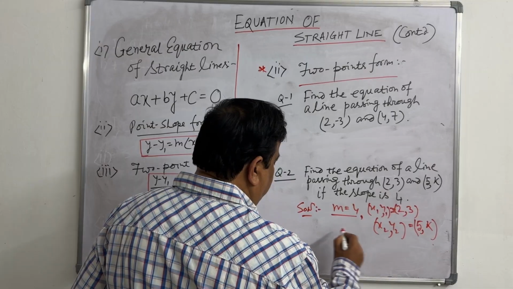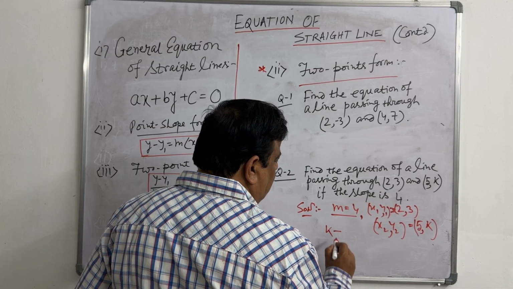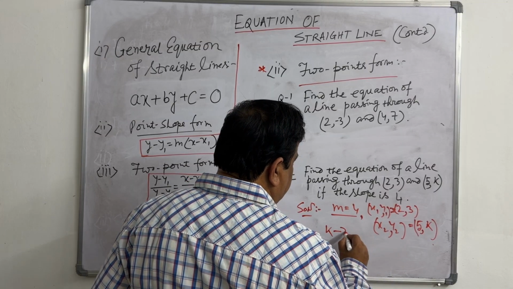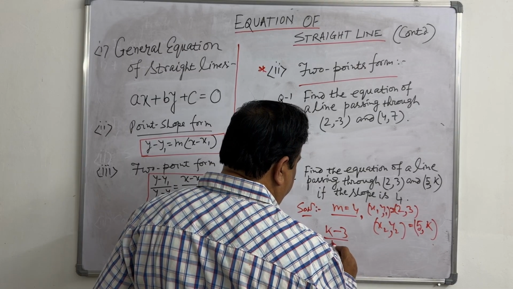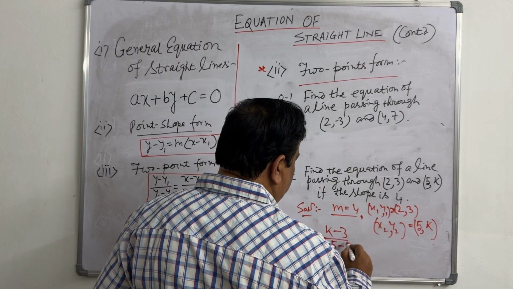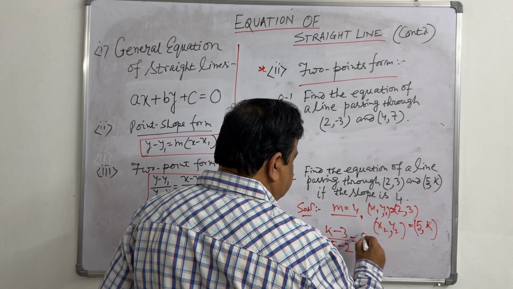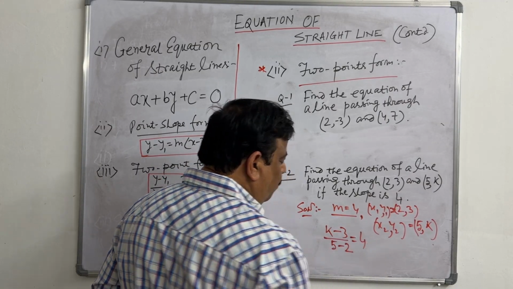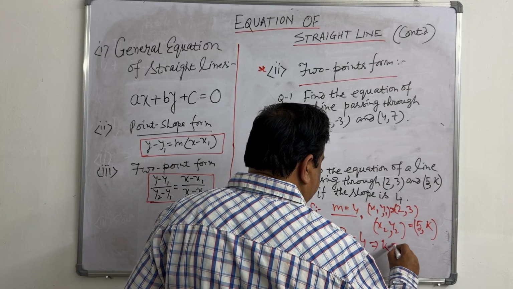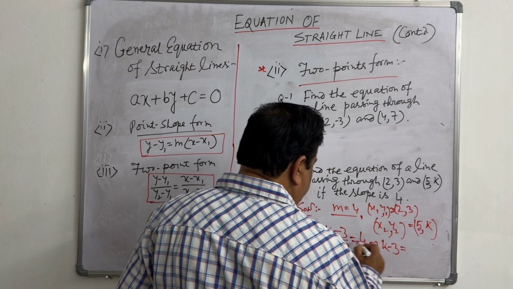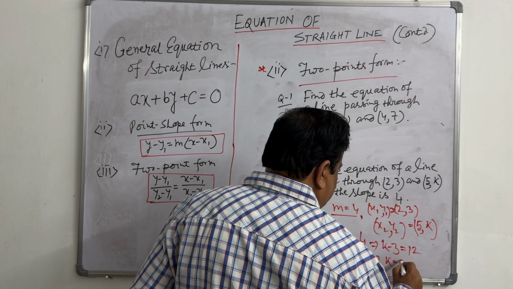I can say (y2 minus y1), that is k minus 3, by (x2 minus x1): x2 is 5 minus x1 is 2. This is the formula of slope, and that is equal to 4. So from here you can say k minus 3 is equal to 4 into 3, that is 12. So what is k? That is equal to 15.